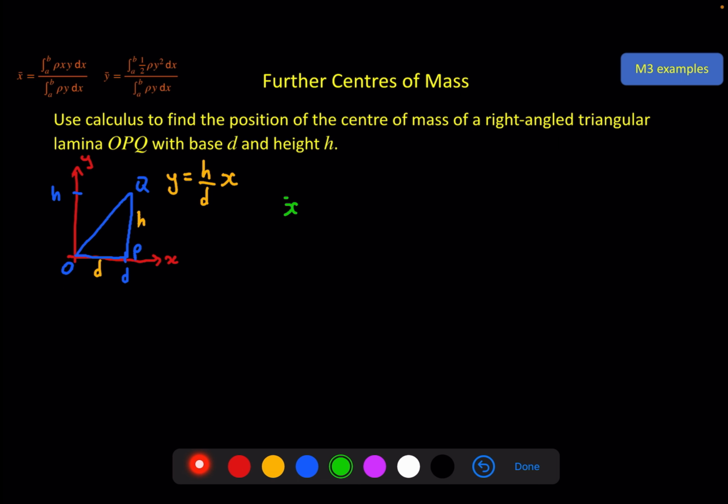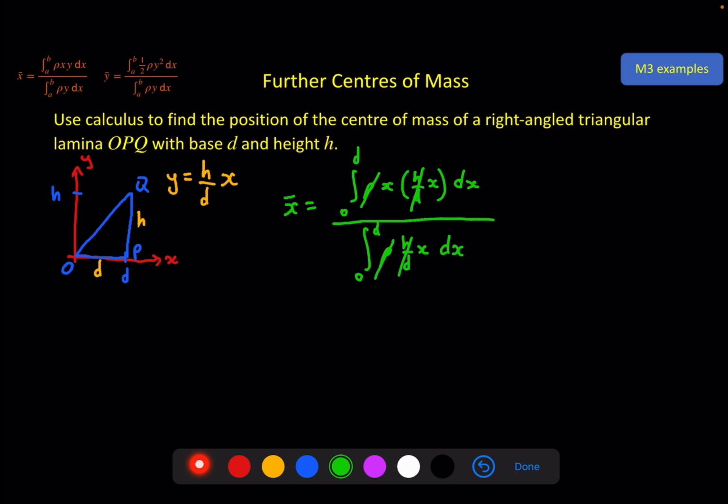For the x coordinate of the center of mass, we've got the integral from 0 to d of rho times x times y, which is h over d x, dx, all divided by the integral from 0 to d of rho h over d x dx. The two rhos cancel out, as do the h over d fractions. So in the numerator we're integrating x squared, which gives us 1/3 x cubed from 0 to d.